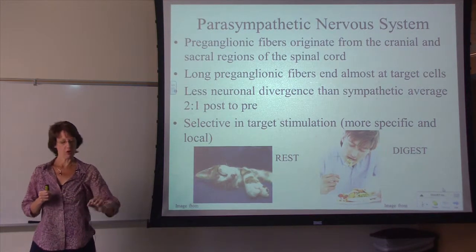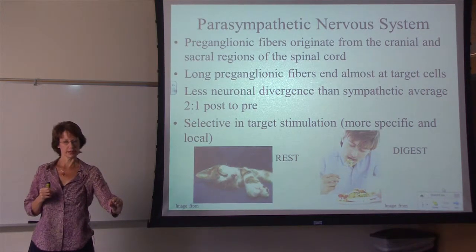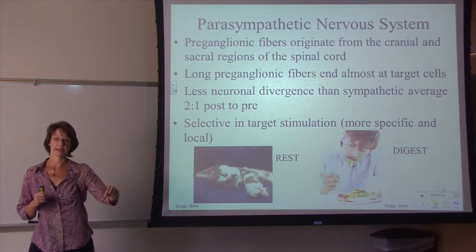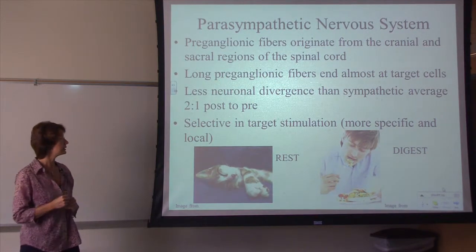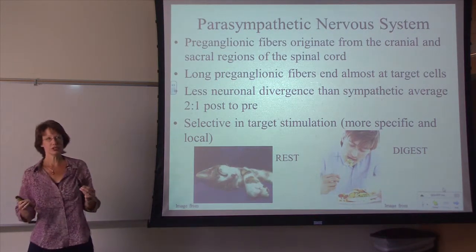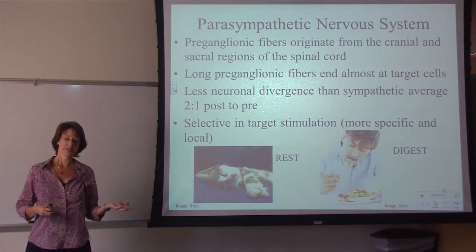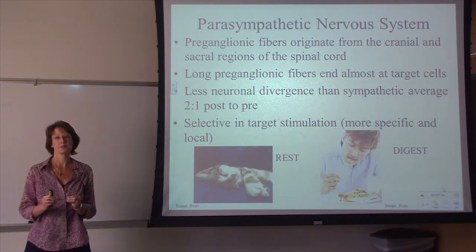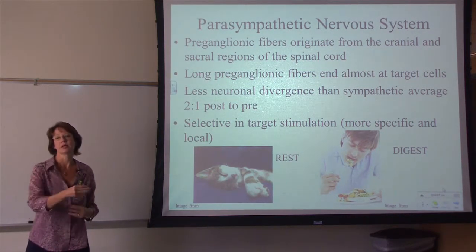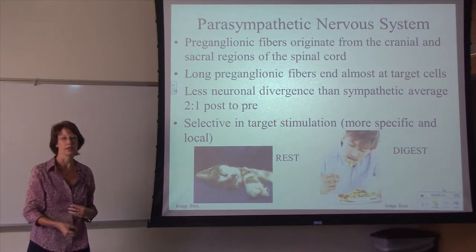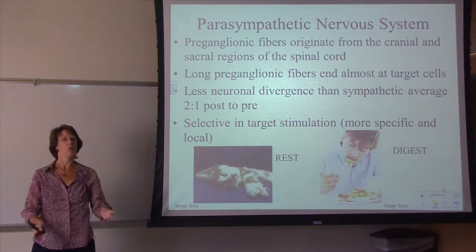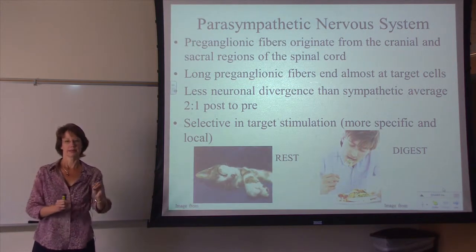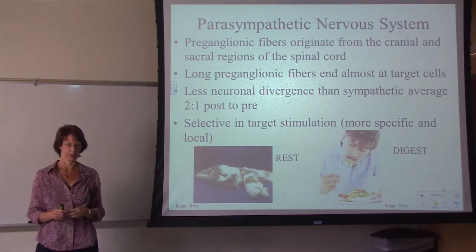So it'll in fact go almost all the way to the target cells and then synapse onto other neurons that go directly to the cells. This tends to make the parasympathetic nervous system a little more specific because it's getting closer to the end organ. So rather than releasing neurotransmitter on a wide area, it tends to be targeted to a specific place.